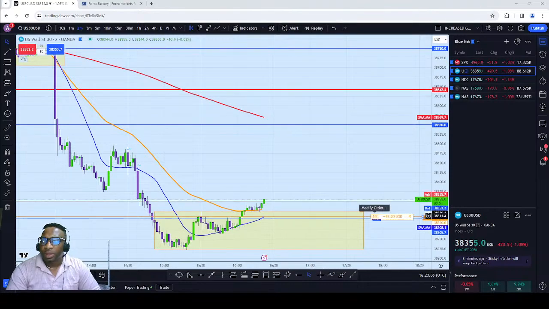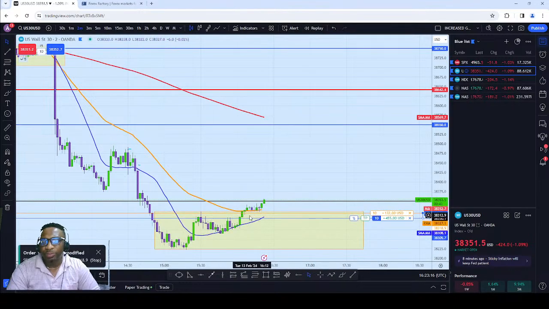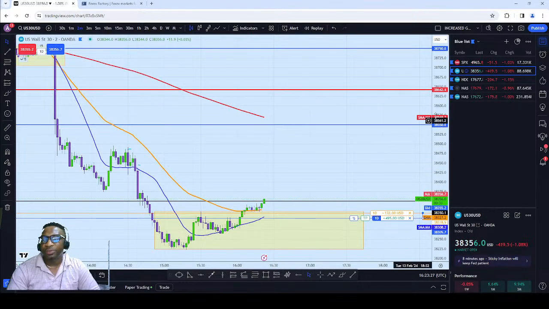So at this point in time, I'll push my stop loss a little bit up, just below where price was held up. Yeah, it's looking good. Looks like NAS is also turning around.